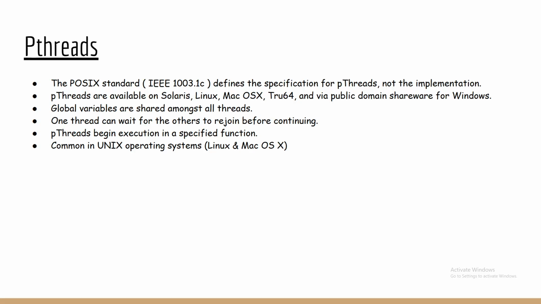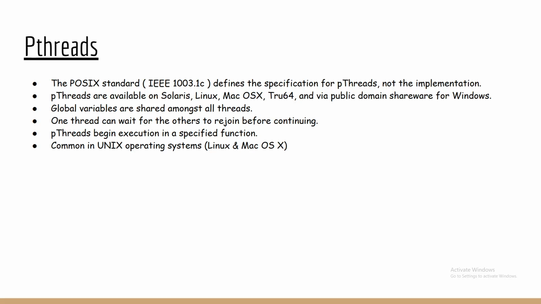Let's start with Pthreads. This is the POSIX standard that defines a specification of thread behavior, not a specific implementation. It's common on Unix-based systems like Linux. Key features are that global variables are shared among all the threads in the same process.